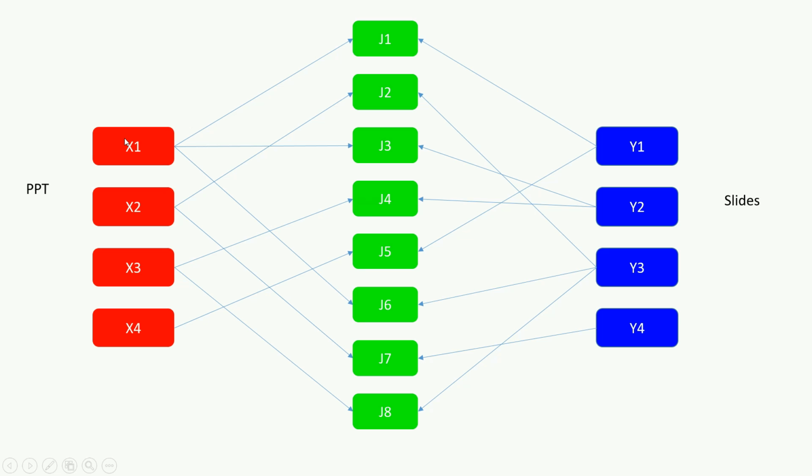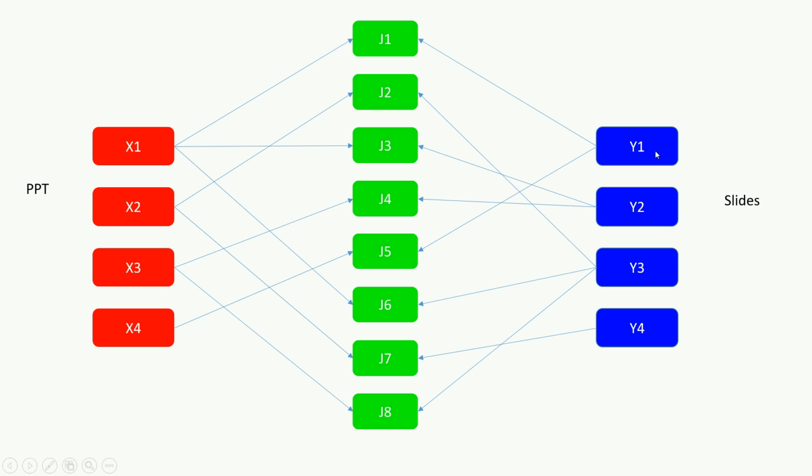That x1, x2, x3, x4 are PPTs, and the slides are y1, y2, y3, y4. So x1 is related to y1 via this junction object. Similarly, x1 is related to y2 via the junction object.